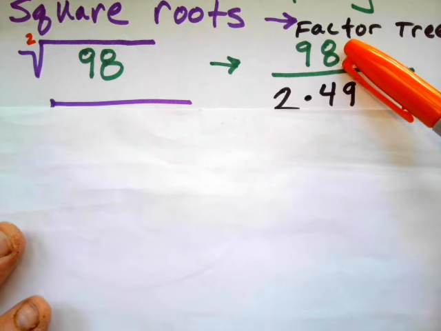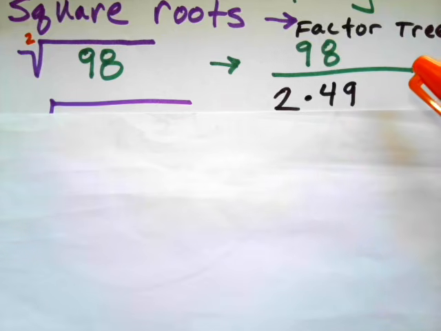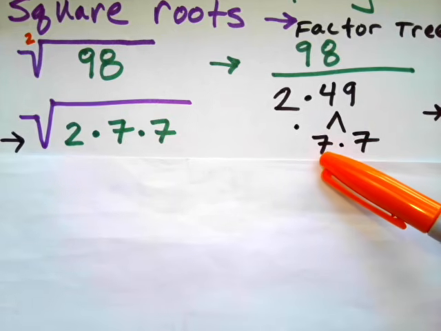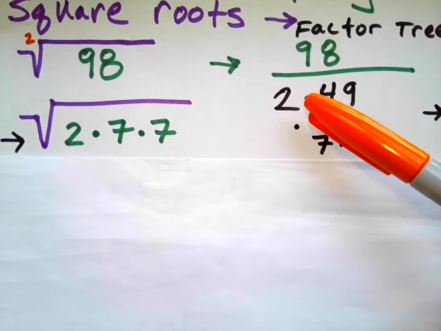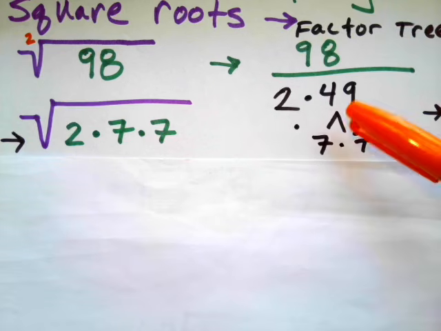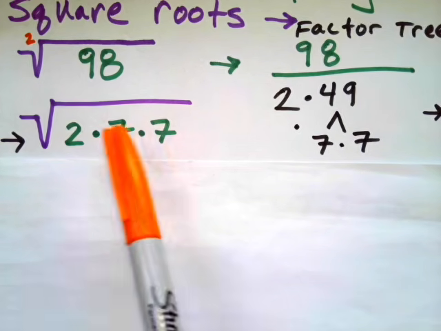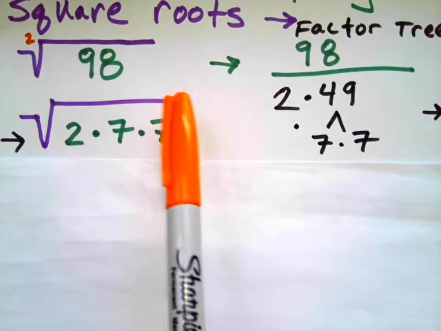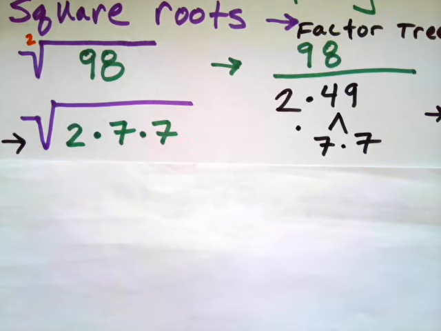So 98, I know, is 2 times 49, and 49 breaks down into 7 times 7. So 98 is 2 times 7 times 7. These are the smallest numbers that will multiply to 98, and I'm going to substitute them for the 98 inside the radical.